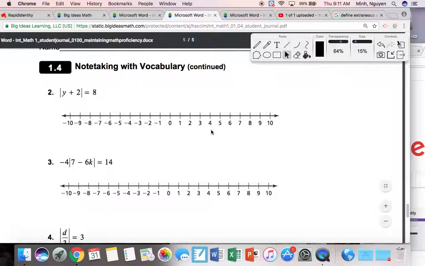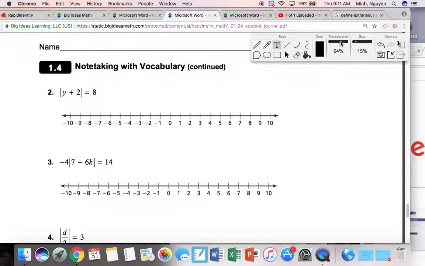This is a perfect example for when we would use two linear equations to work this out. We have y plus 2 equals, in this problem, c is 8. So you have to make it positive and negative. Oops, I forgot to divide it into sides, left side and right side.